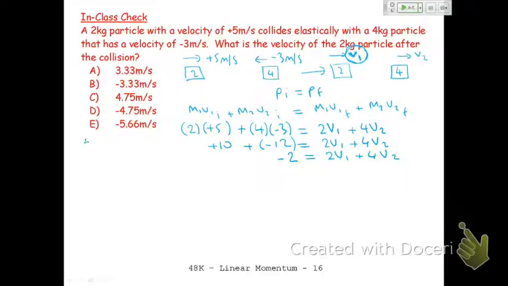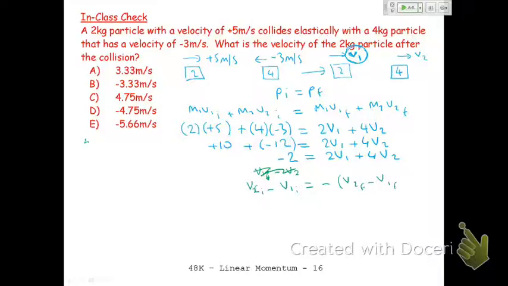So I say, oh, but I know my difference in my velocities before: V2 initial minus V1 initial is equal to the minus of V2 final minus V1 final.